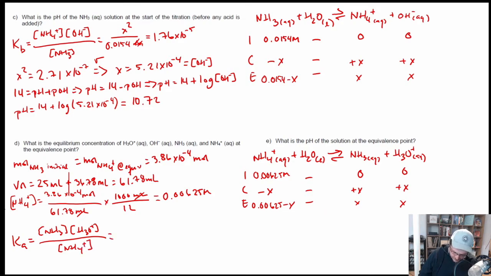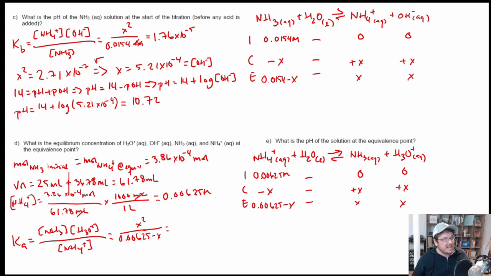So we plug in our values from right here. We have X times X over 0.00625 minus X, and those two X's up top I can turn into an X squared. And that is equal to the Ka.